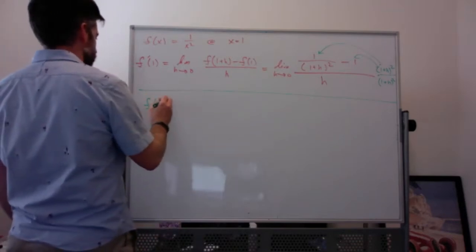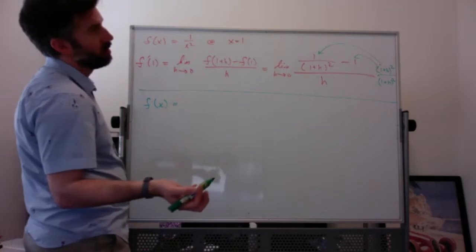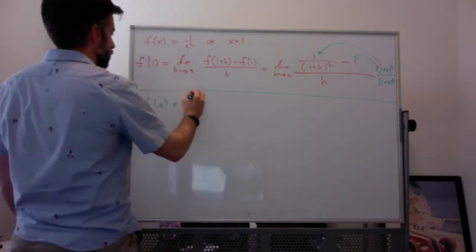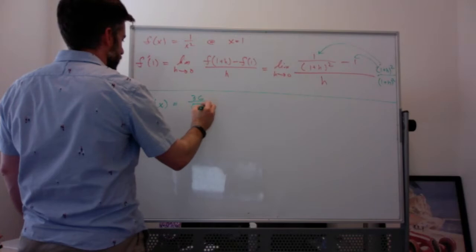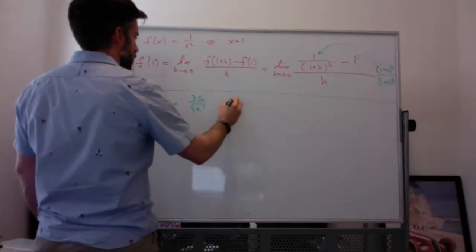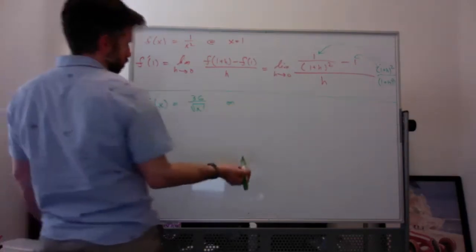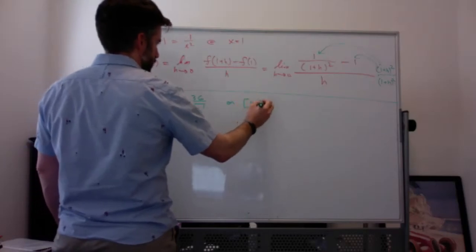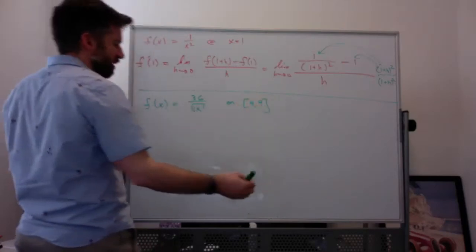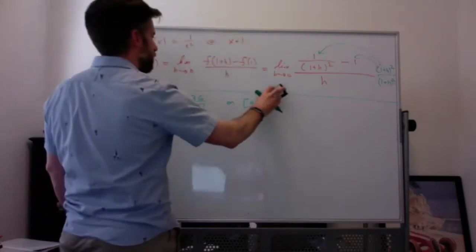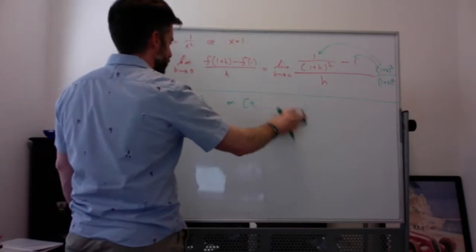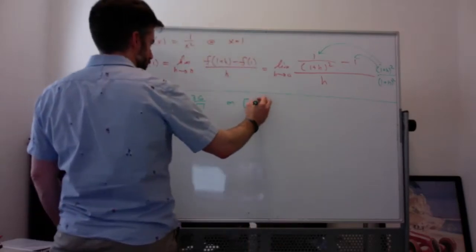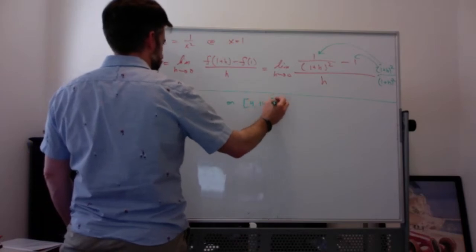I'm going to look at the function 36 over the square root of x on the interval from 4 to 144.